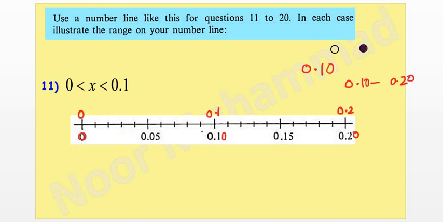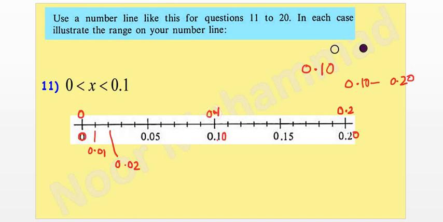Now between them you will cut this line into 10 equal pieces. This one will become 0.01, this one 0.02, then 0.03, 0.04, 0.05, and so on. Similarly, this one will be 0.09, and the next one is 0.10.